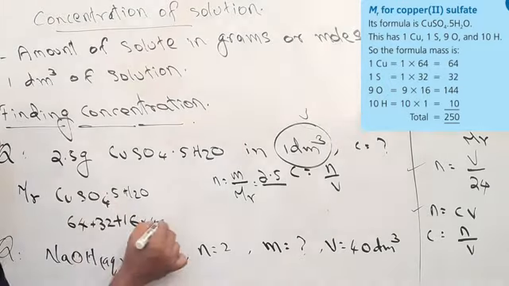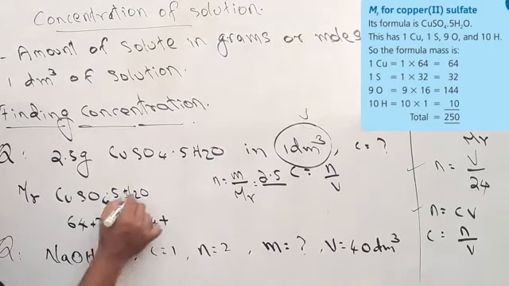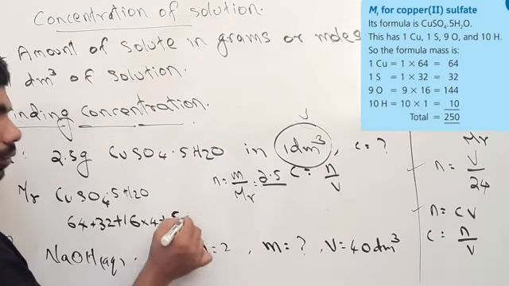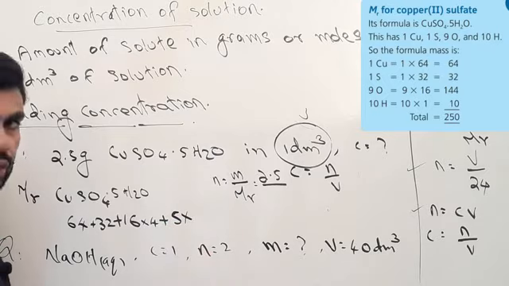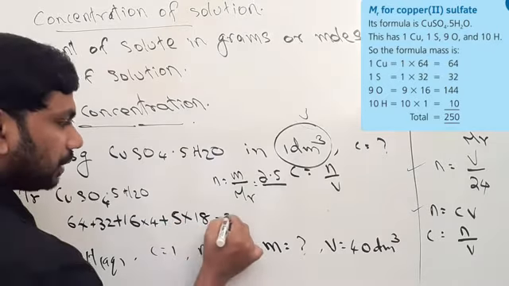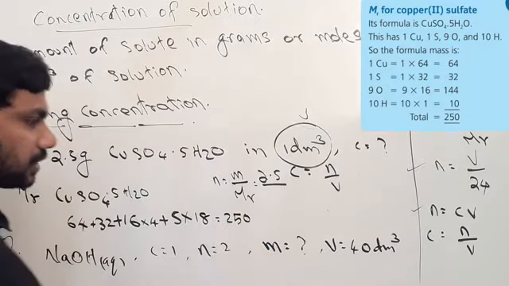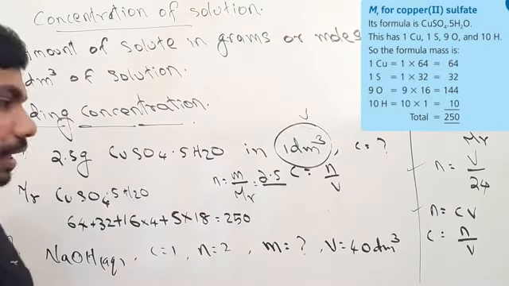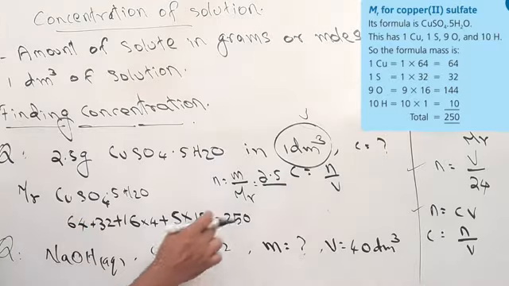Then, after the dot, you have to add the water molecules. How many water molecules? 5 water molecules. What is the molecular mass of water? 18. So when you solve this, you will get 250. You can check it. The molecular mass of hydrated copper sulfate is 250.